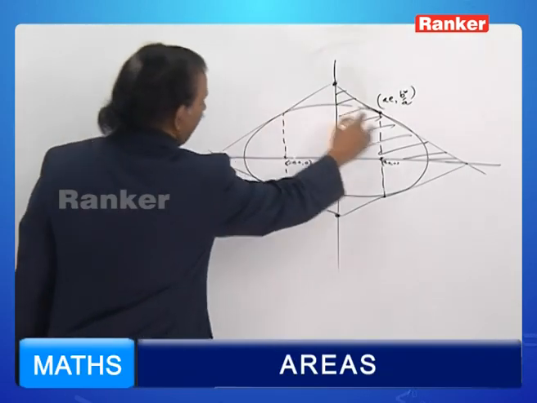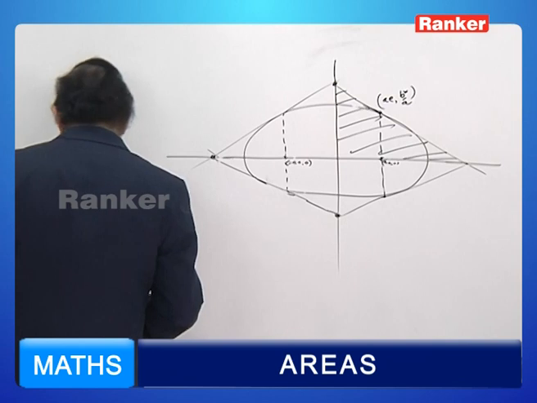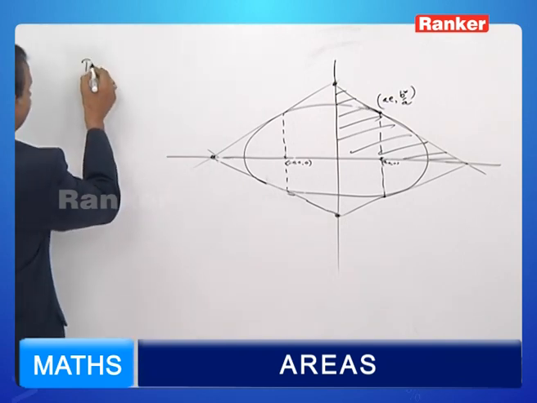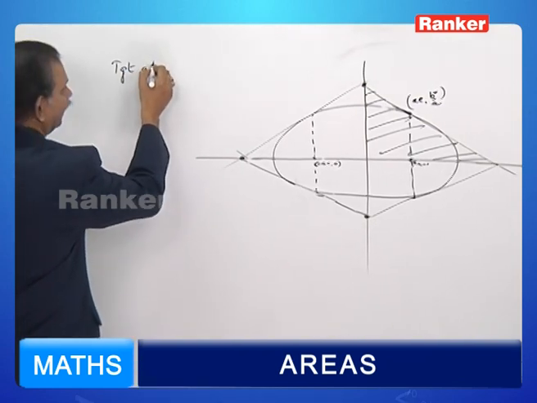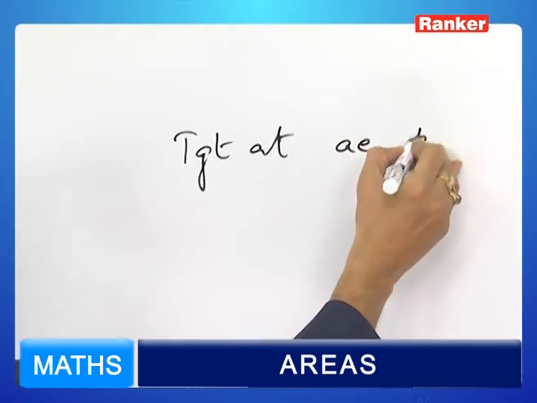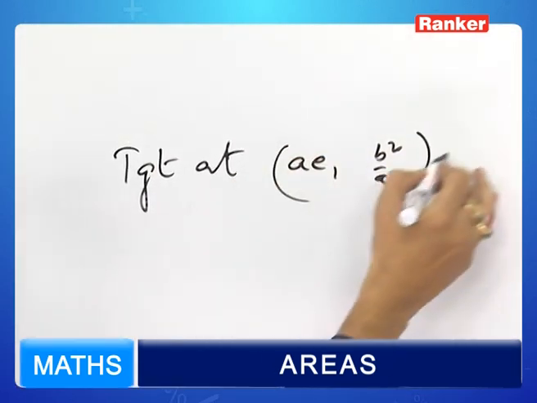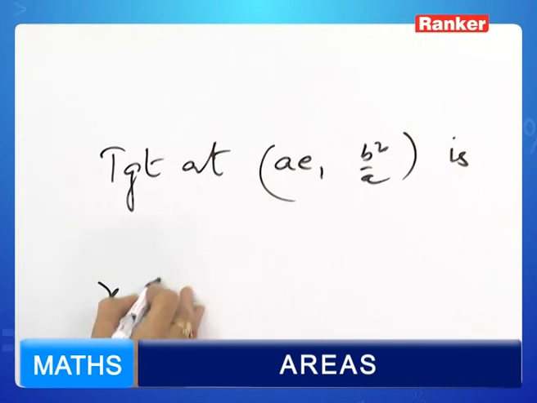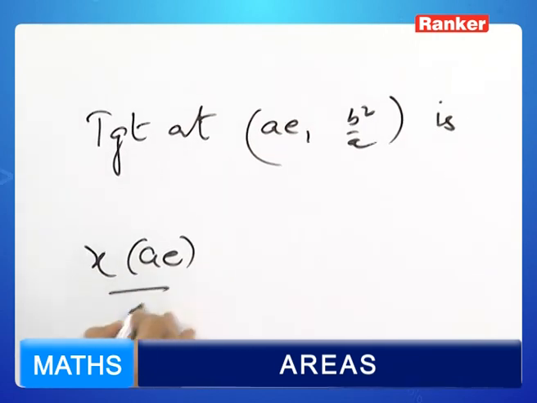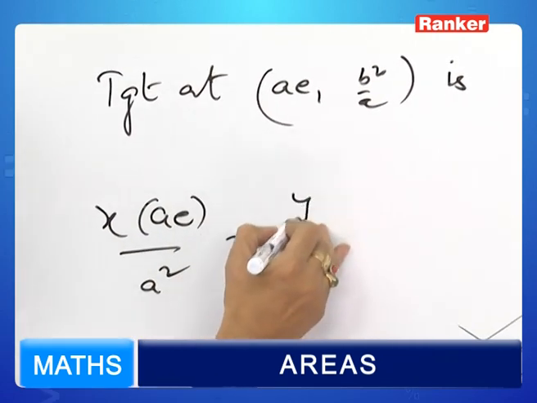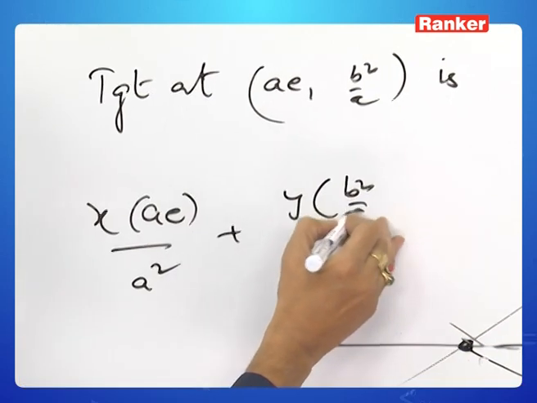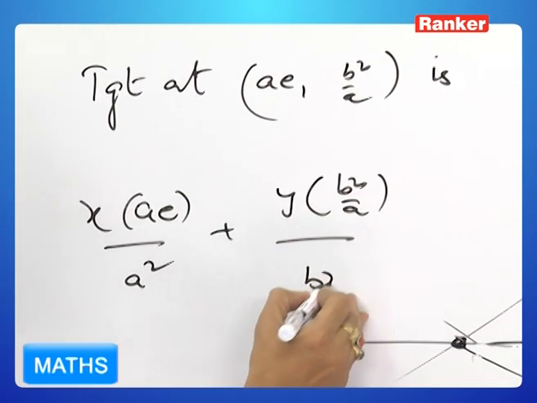Well, let us find the tangent at ae comma b square by a. Tangent at ae comma b square by a is, come on, xx1 by a square plus yy1 by b square is equal to 1.